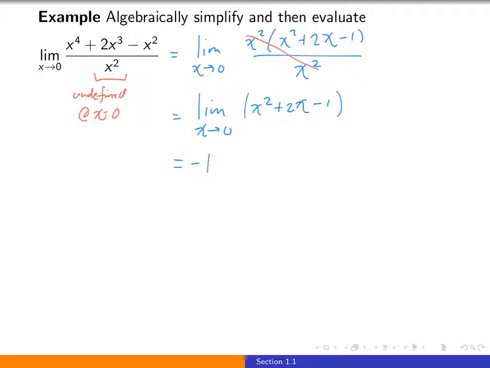And the value of this limit is minus 1. To help aid you in seeing this visually, what I would recommend is going ahead and pulling out your graphing calculator, graph the function y equals x squared plus 2x minus 1, and then look at its graph and see, what are those outputs close to when x is close to 0.